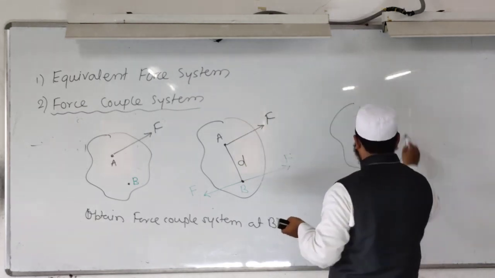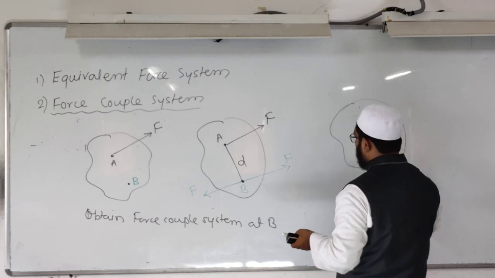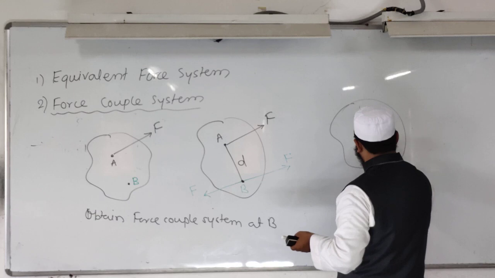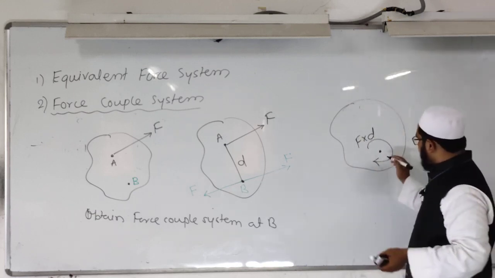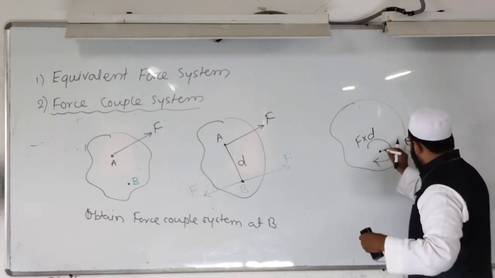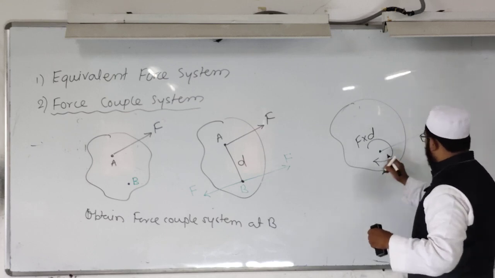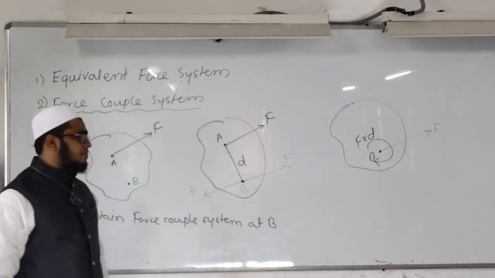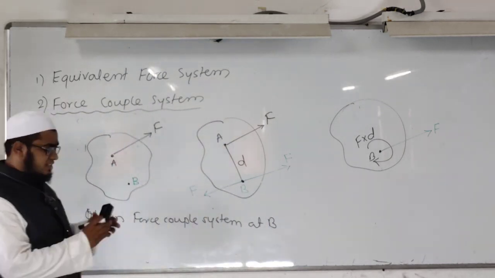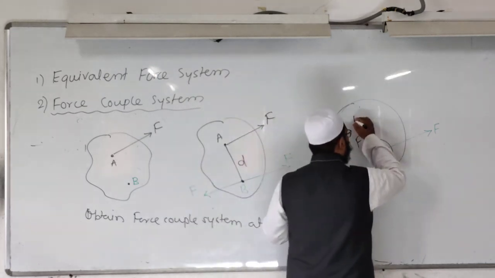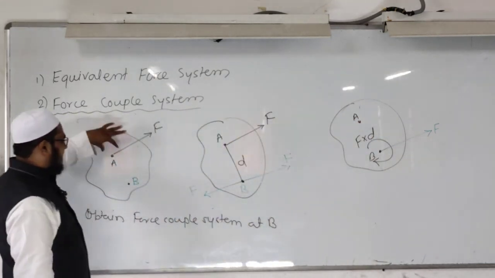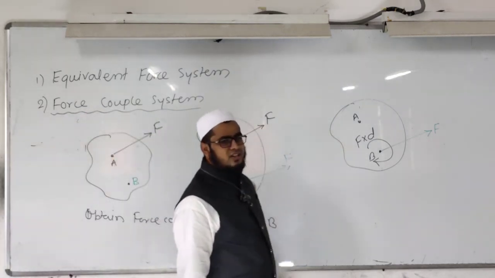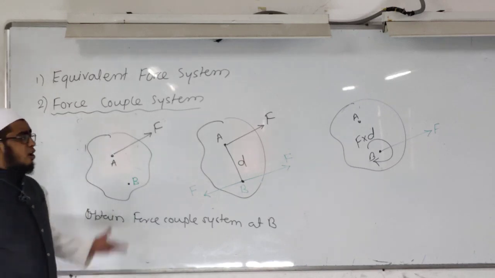I will write here a couple of magnitude F into d, and this force F will be as it is at point B. There is no change in the force system. Initially, force F is acting at point A. We have transferred that force along with the couple to point B. Very easy. Now how to obtain it?